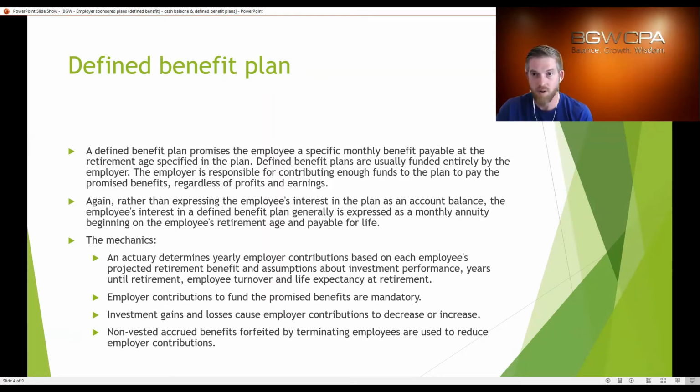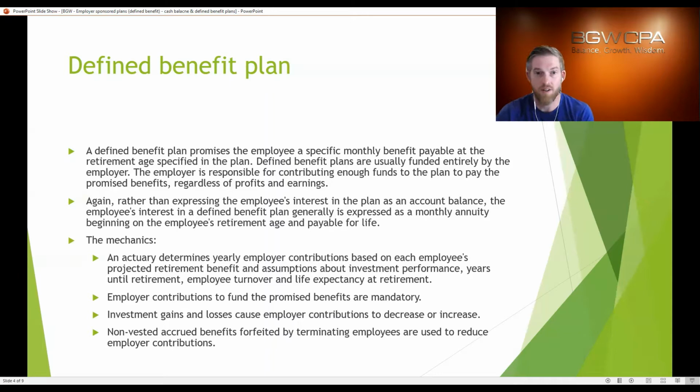So in year 2, if performance of the investments is done quite well, it will actually reduce the employer's obligation. But on the flip side, if the investments do poorly, it would actually increase the employer's responsibility to fund the plan because the plan assets have gone down year over year and the obligation still remains.